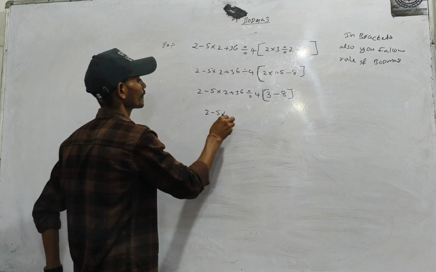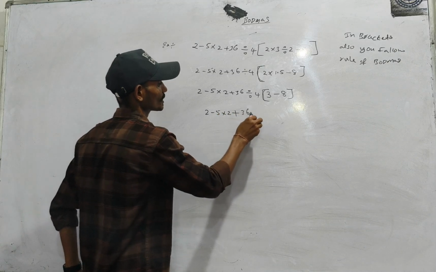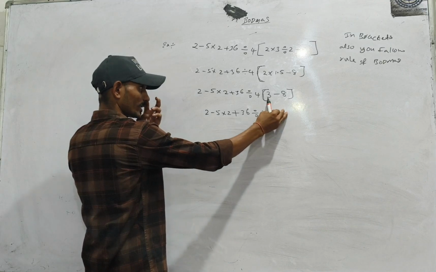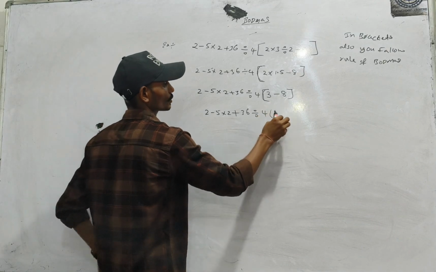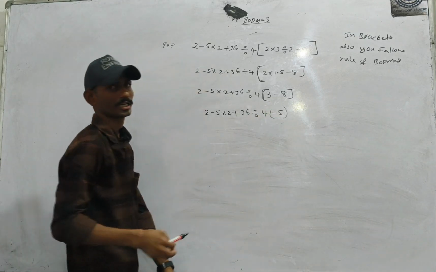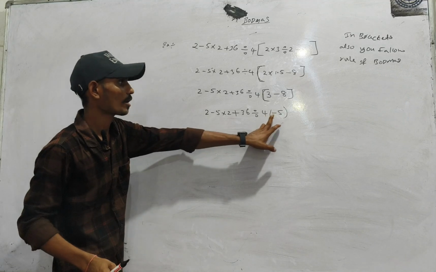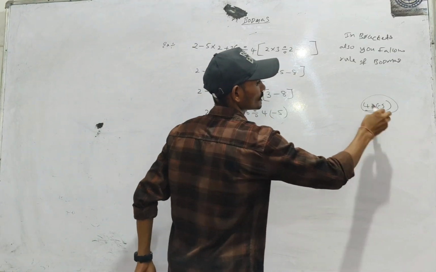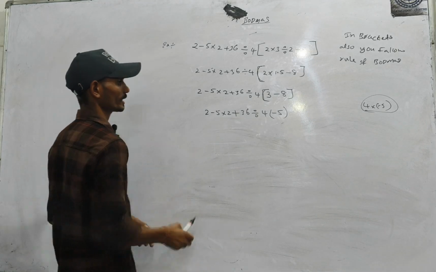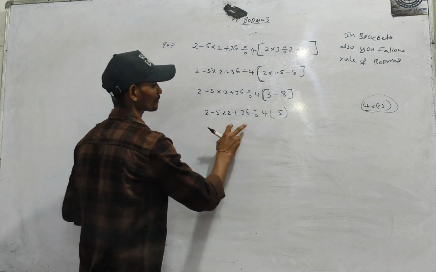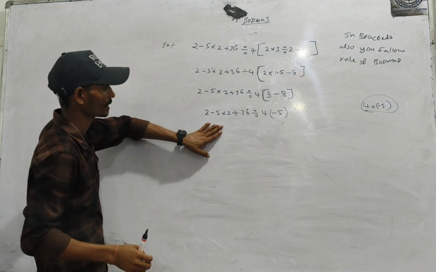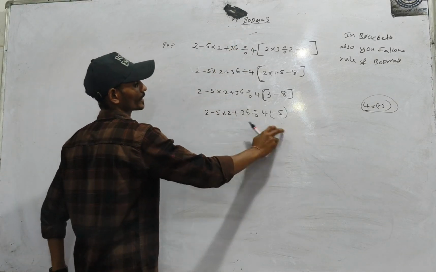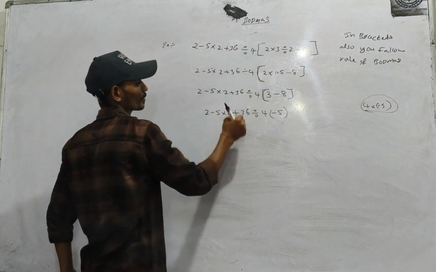So 2 minus 5 into 2 plus 36 divided by 4, half, how much? 3 minus 8 gives minus 5. The half here means minus into minus, a multiplication. Again follow the series of Bodmas: first brackets, all brackets are closed. Order of powers is not there.